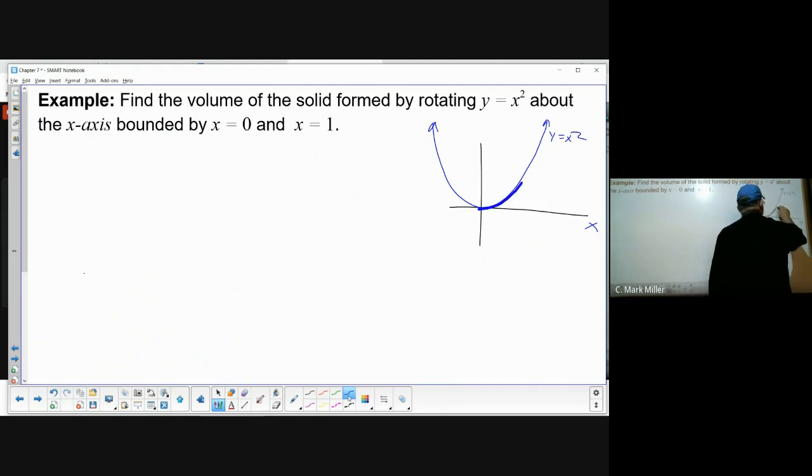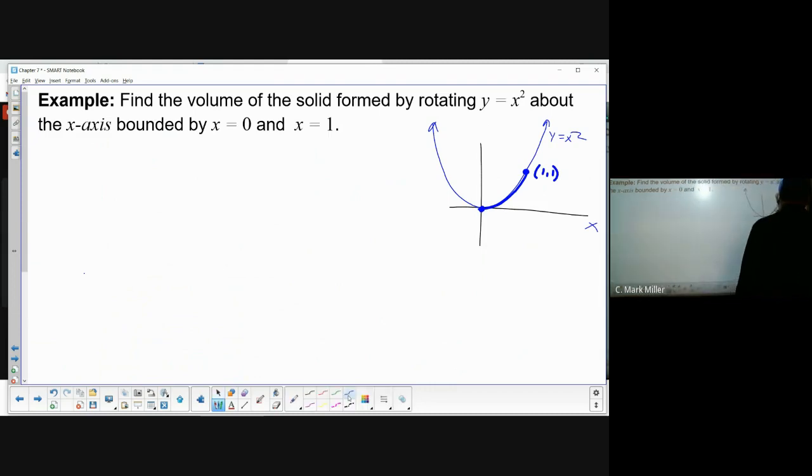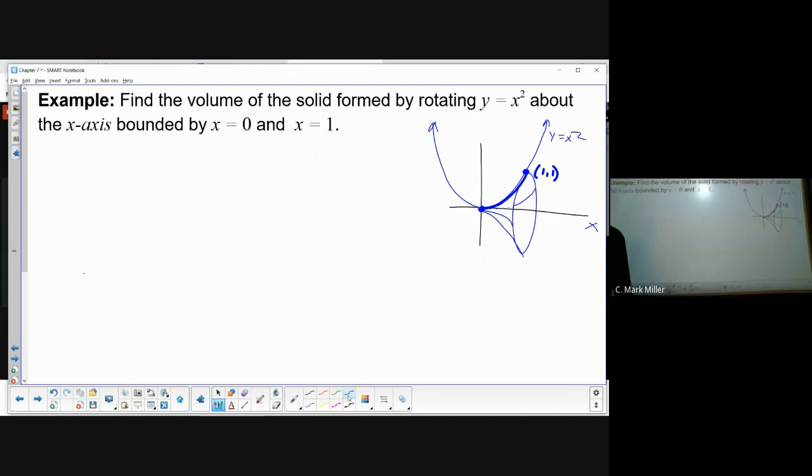And that section is revolved around the x-axis, and it creates a little trumpet. Oh, we got a good trumpet problem coming up in this chapter. Gabriel's horn, one of the great paradoxes of math.